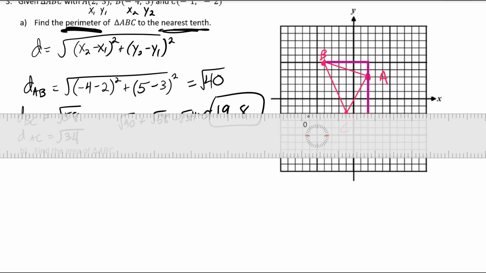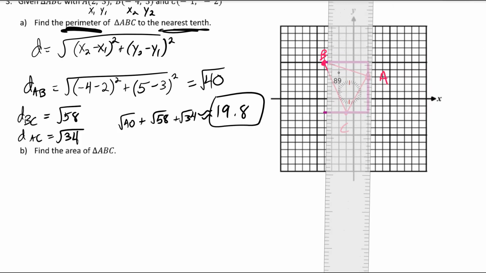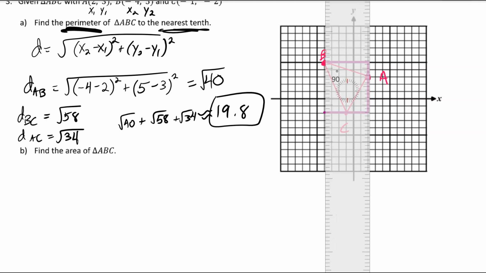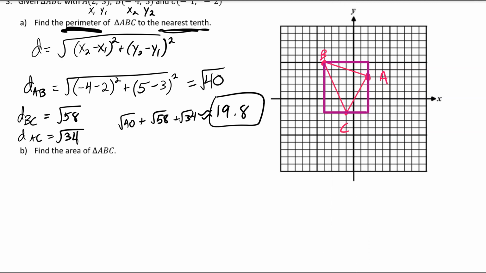I can make that one a little shorter. Again, I want all three of the vertexes to lie nicely on the edges of this rectangle, just like that.